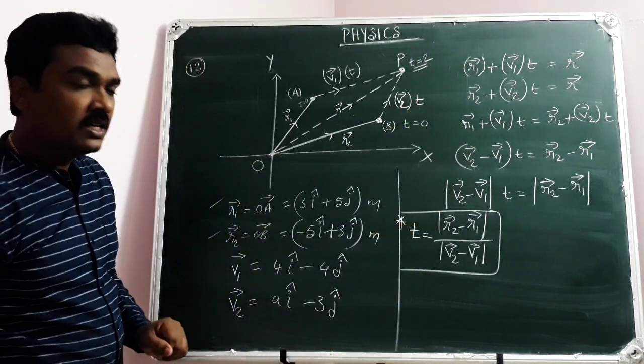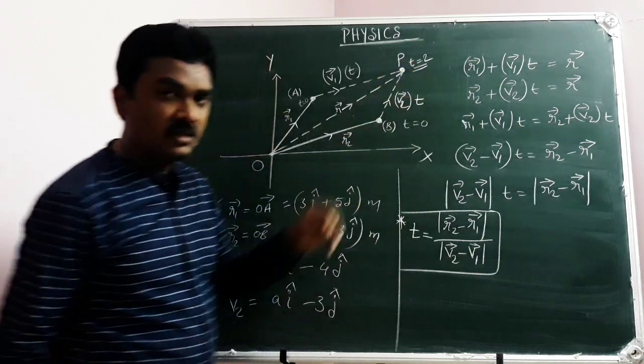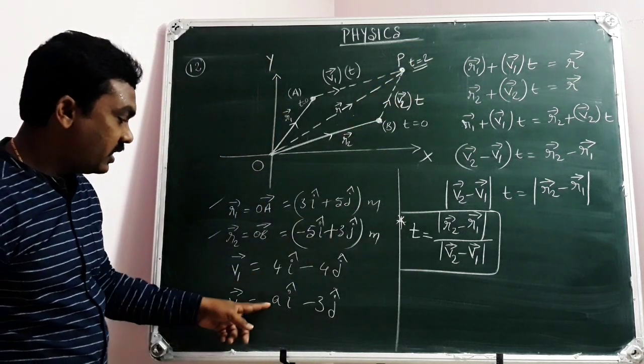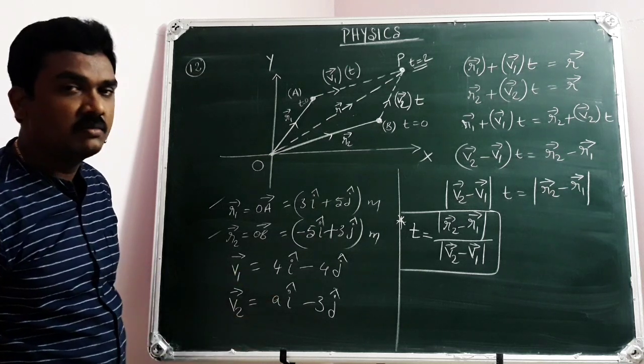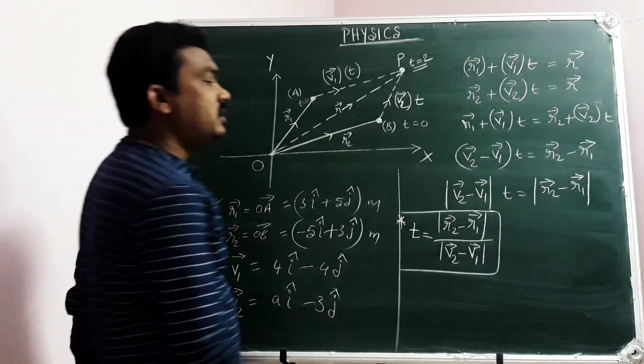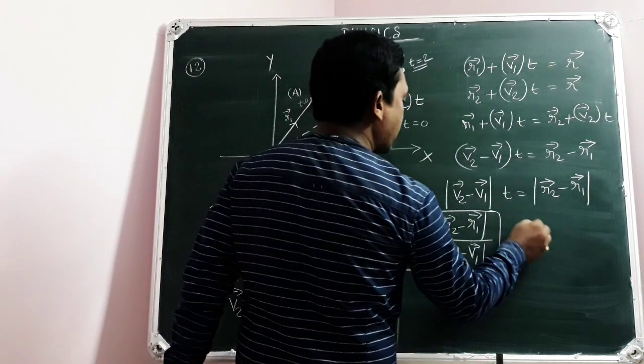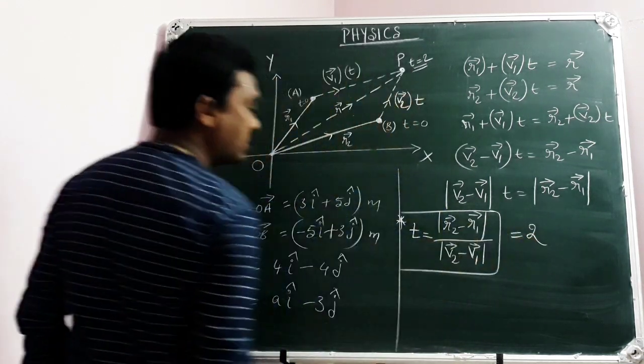But in your question, t is given as 2 seconds. Then what to calculate? A, which is in the value of v2 bar, A you have to calculate. For that, you have to make it equal to 2 seconds, because t equal to 2 seconds here.